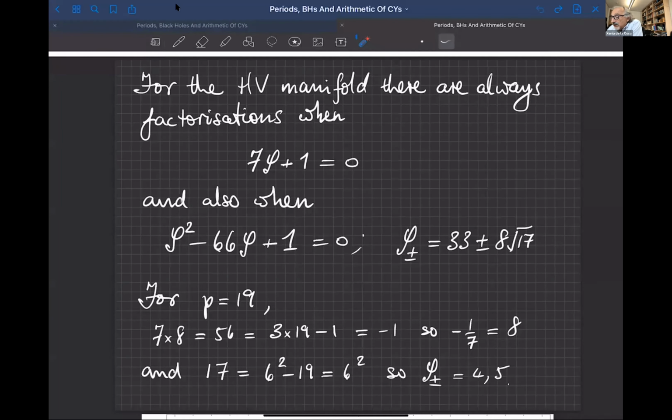And this gives you two values, right? Phi equals 33 plus or minus 8 root 17. And of course, root 17 is not always a square mod p, but sometimes it is, sometimes it isn't. When it isn't, there are no roots to this equation over F_p, but when it is, there are two roots.